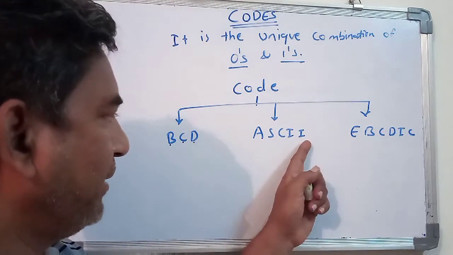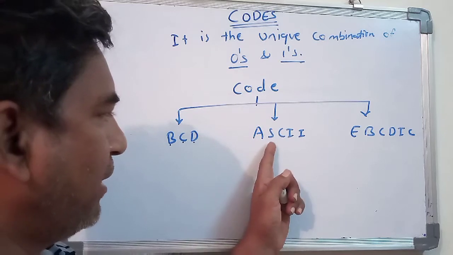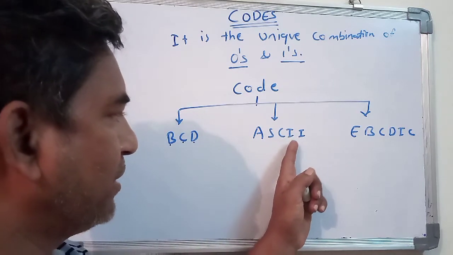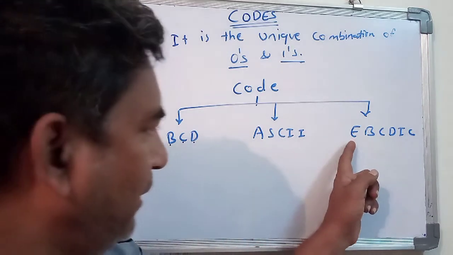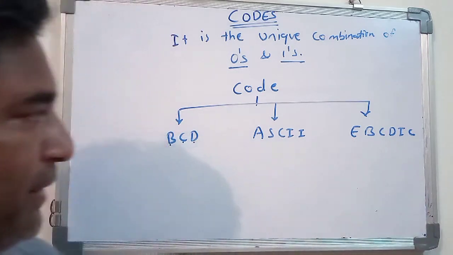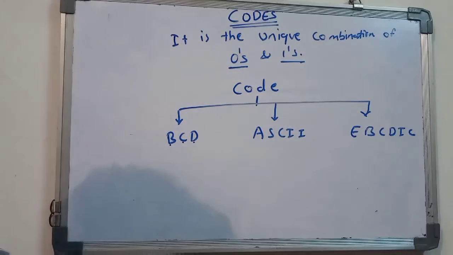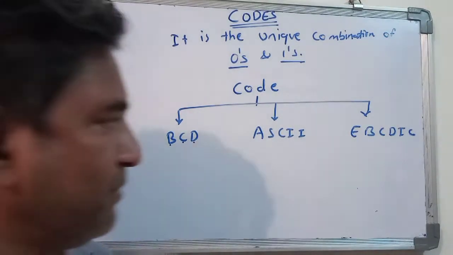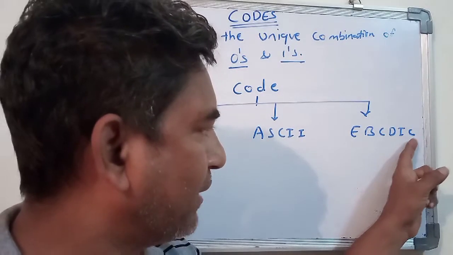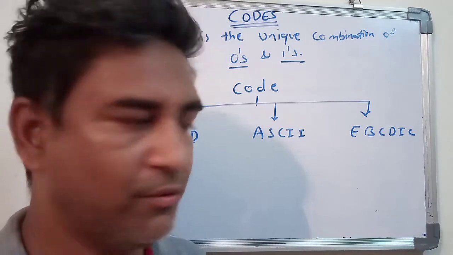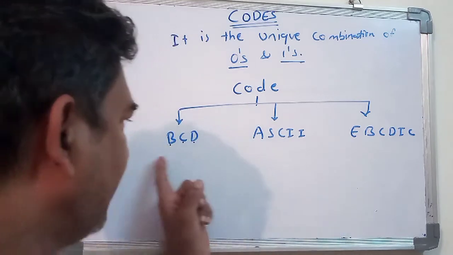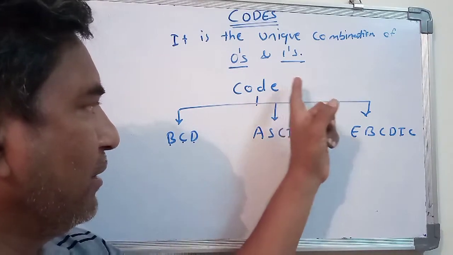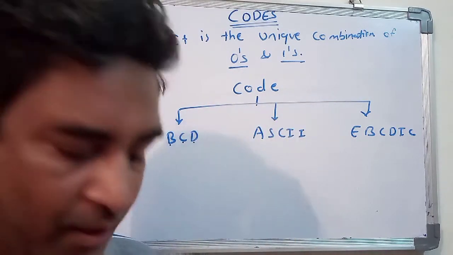ASCII is American Standard Code for Information Interchange. EBCDIC is extended binary coded decimal interchange code. These you have to study inside the code.